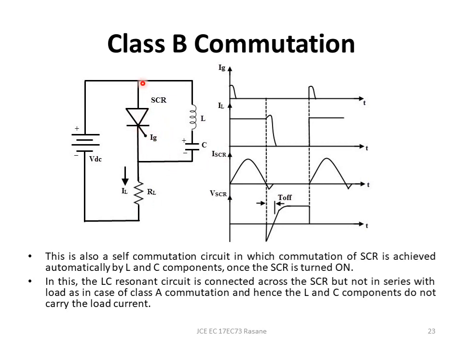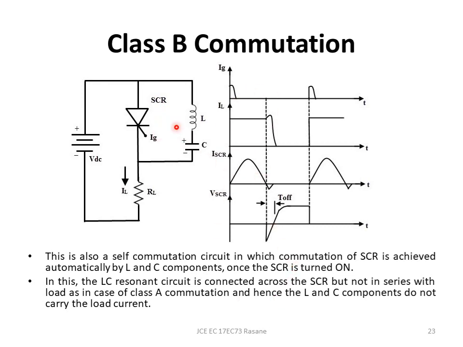Note that there will be current flowing like this, and also the current flowing through the tank circuit or LC commutating circuit. And this is the load current. When the SCR is conducting, we assume this load current to be constant. Okay, VSCR is the voltage across the SCR. So these are your waveforms.